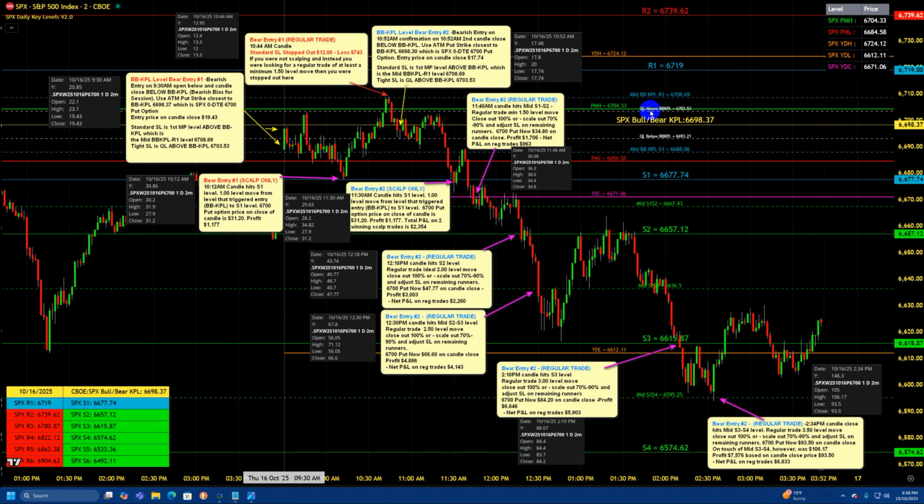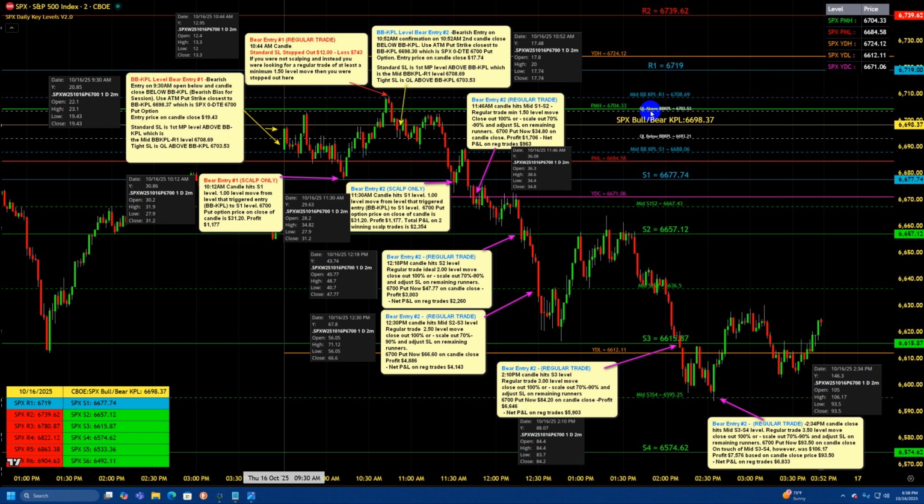So you would use those exactly the same way. You can turn on the QL above and QL below above any main level. Again, the main levels are the bull bear KPL, as well as the R1 through R6 levels and the S1 through S6 levels. So here we have QL above BBKPL.